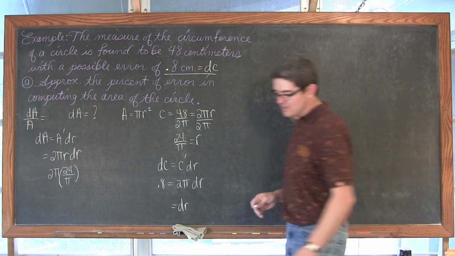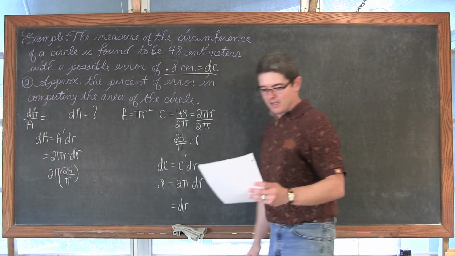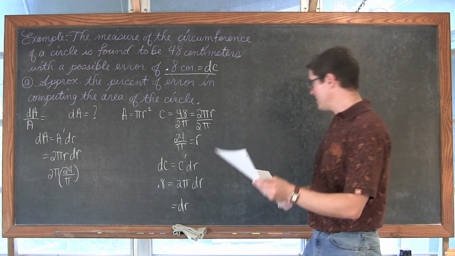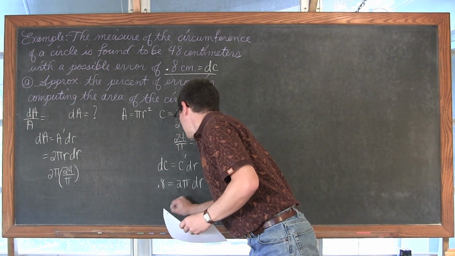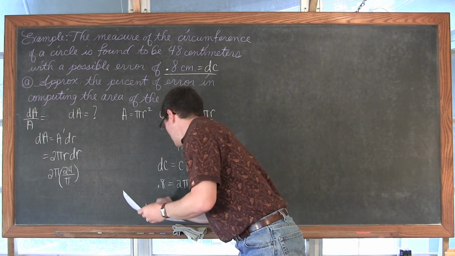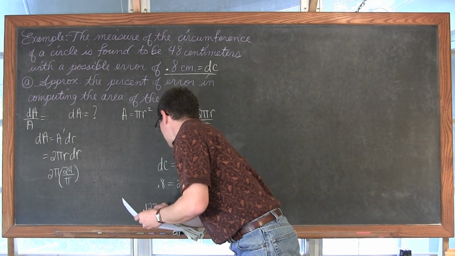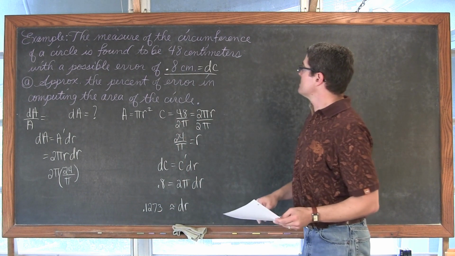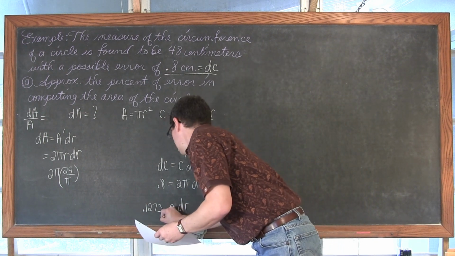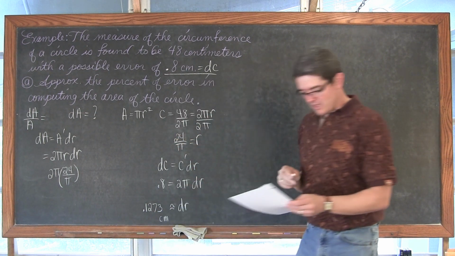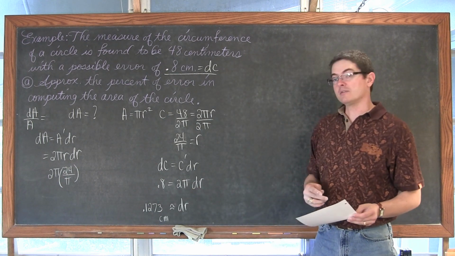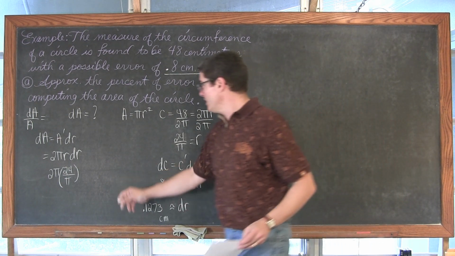So 0.8 divided by 2 pi is going to be approximately, because we're now rounding off some decimals, 0.1273, and this is in centimeters. So the dr value for our radius is going to be 0.1273 centimeters. Now I can come back up here and plug that in.